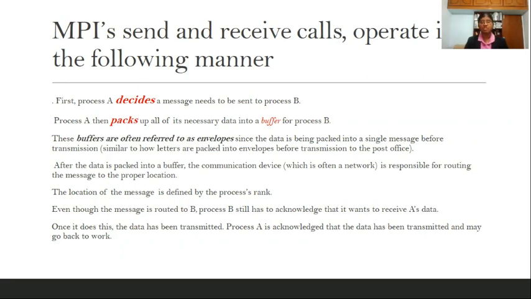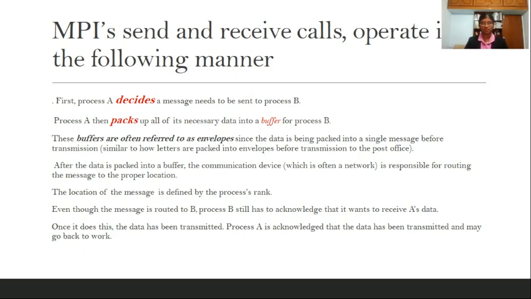The network is responsible for routing the message to the proper location, which is similar to the job of our postmen and post officers. The location of the message is defined by the process's rank.